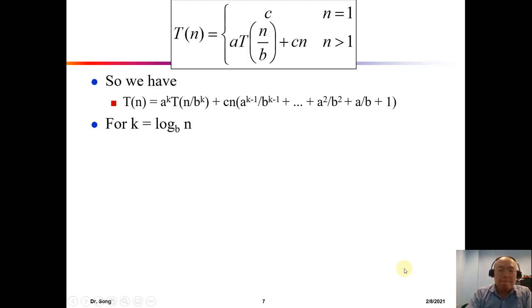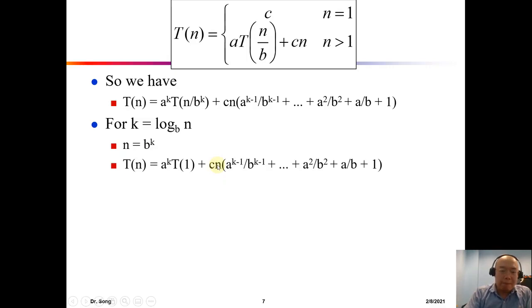And then, where do we stop? We ask this question again: where do we stop? We stop when this value is 1, right? When the problem size becomes 1, we stop, and at this time k is log base b of n. This also means n is b to the power k.